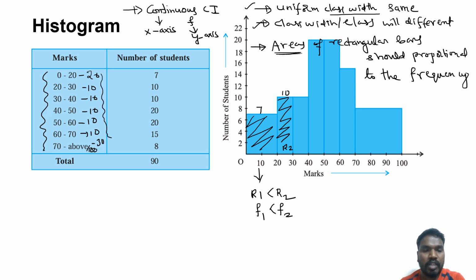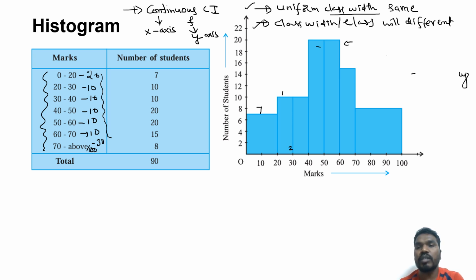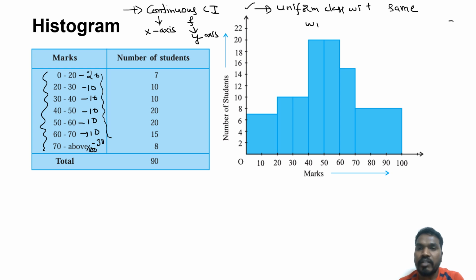Similar to how we draw histograms, I have drawn it in the same way. So this is the histogram. Now you tell me, is the histogram I have drawn here correct?